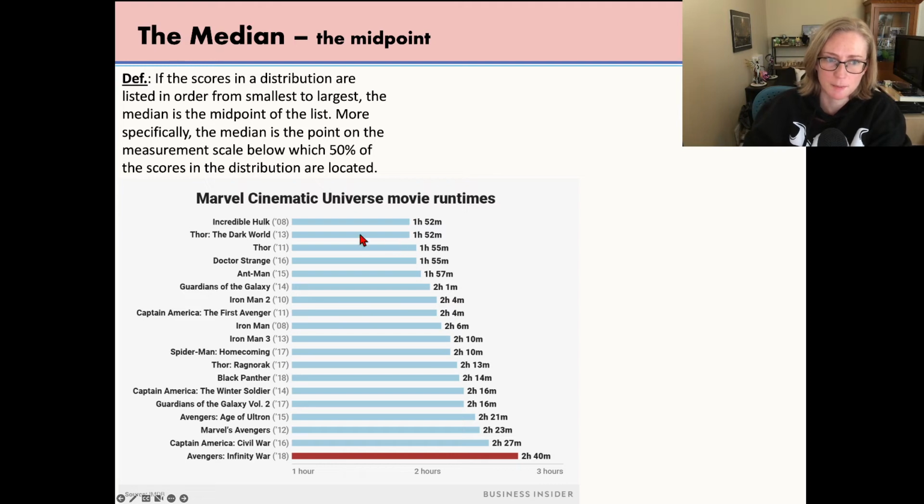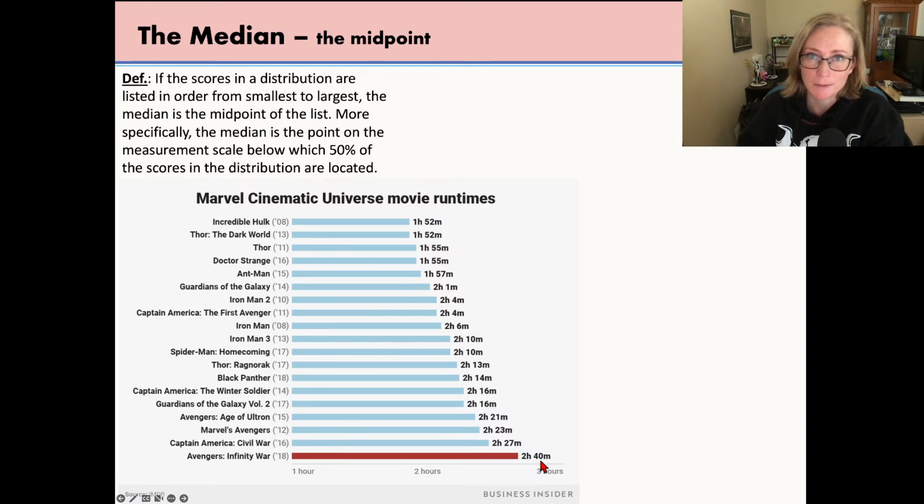Right, so as an example, I took here MCU movie runtimes, Marvel Cinematic Universe. This was only up until 2018. I guess Infinity War was the longest running at that time. And you can see here it's sorted from shortest movie, The Incredible Hulk, to, at the time, the longest movie.